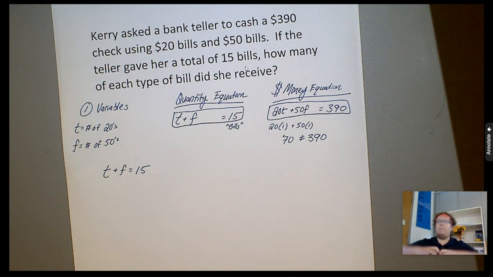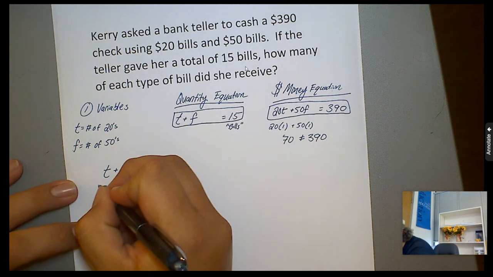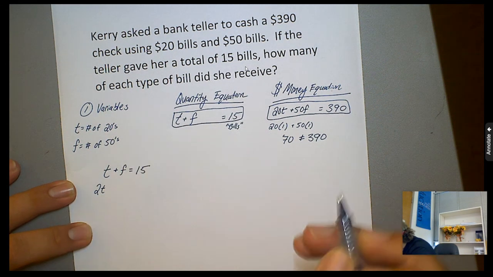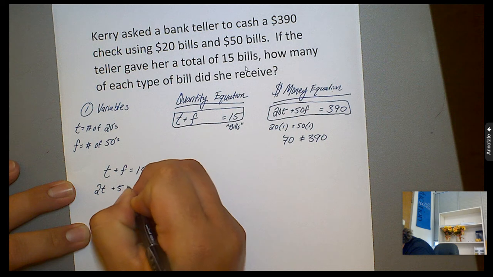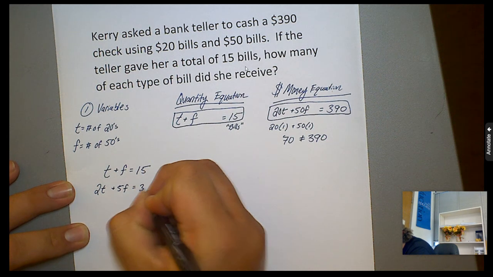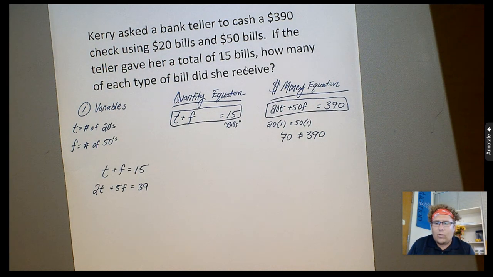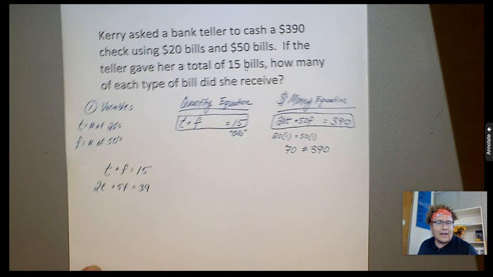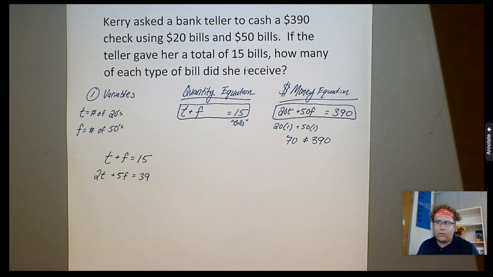It just magnifies the equation. So I'm going to write 2T plus 5F equals 39. And you might be thinking, why is he doing that? Just to confuse me? No. I'm doing this because whenever possible, you should use smaller coefficients. I think that just makes sense.